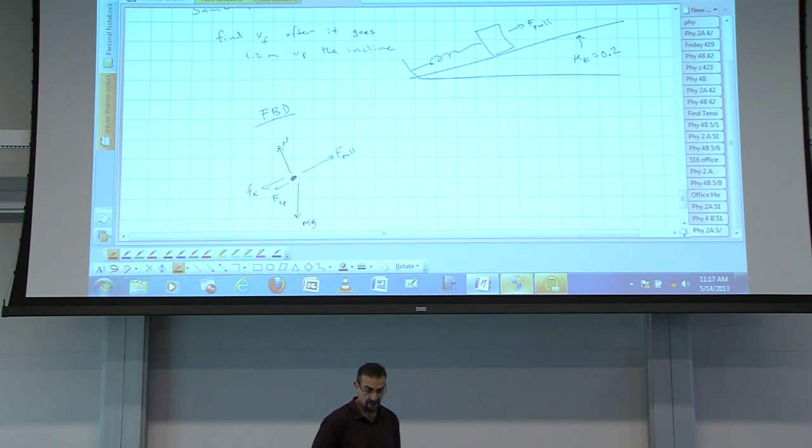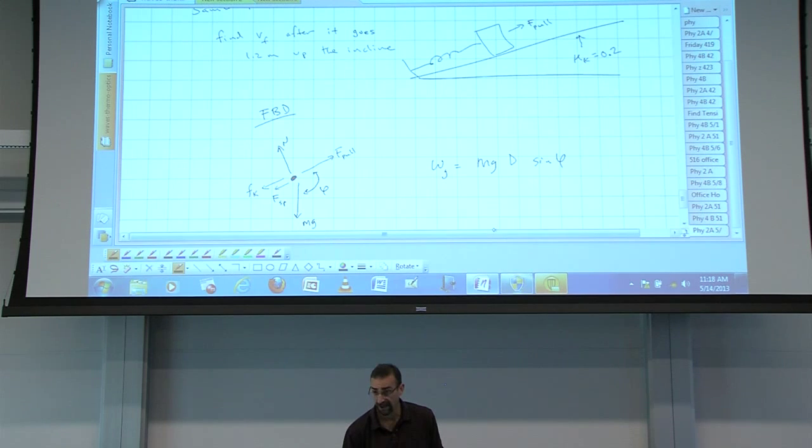If you'd like to, you can use this angle. Whatever helps. In this case, we're not using work done. If you were using work done, you could use this angle then, right? I'll call it this. So the work done by gravity would equal mg times d times the sine of that angle, right?